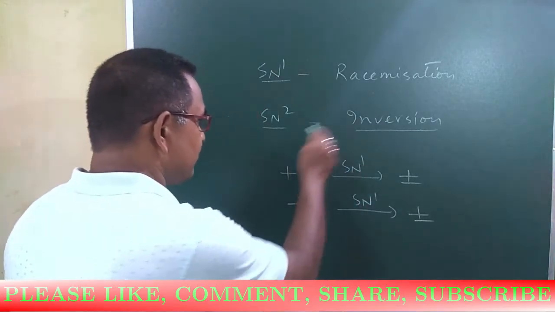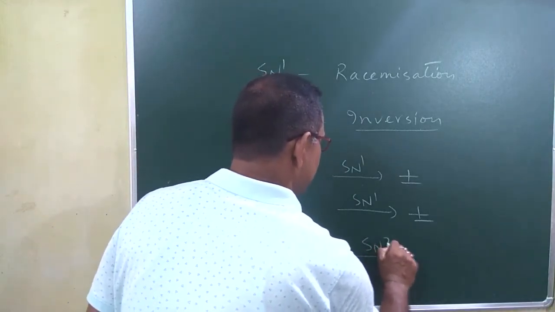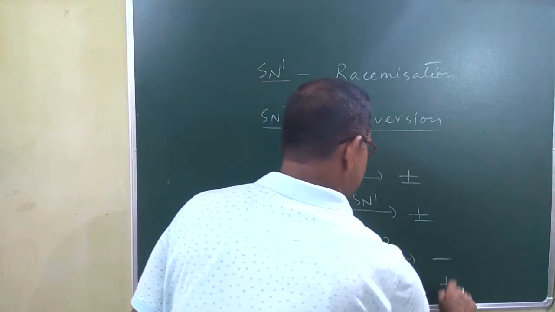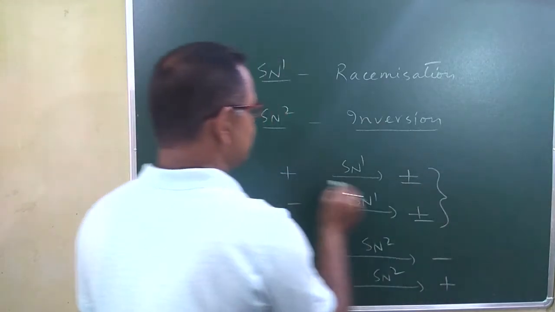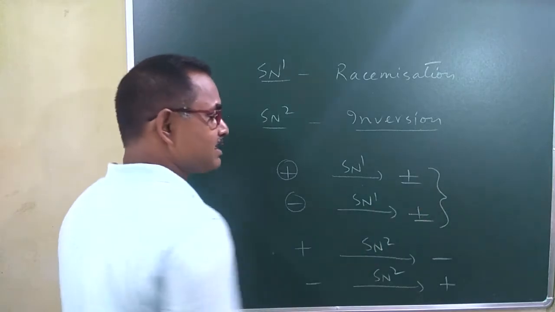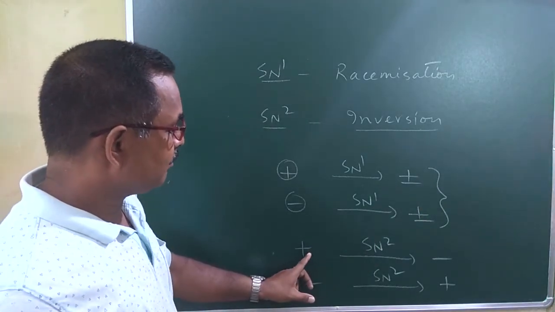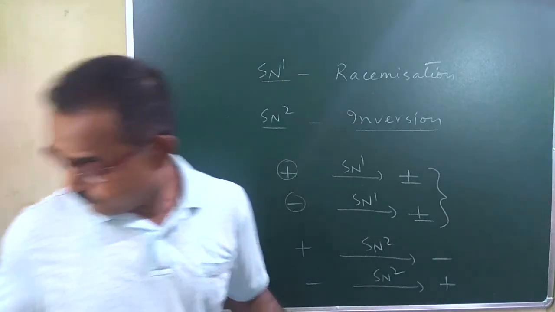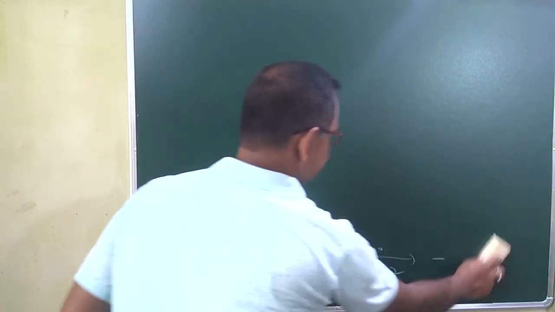But in SN2 process, starting from plus compound, we will get minus, and starting from minus, we will get plus. Starting from any one of the two enantiomers in SN1, we get a racemic mixture of products. But in SN2 processes, the configuration of product is always opposite to that of reactant. First, discuss this SN1 process.